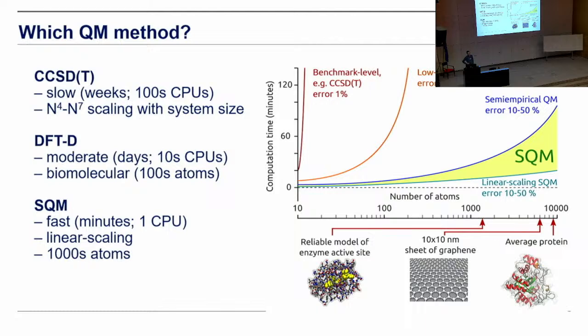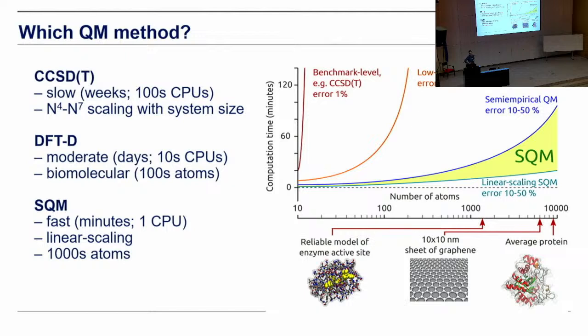Then you have DFT-D. D stands for dispersion, where it's moderate both in terms of hardware requirements and in sizes of the systems. And the last is SQM, semi-empirical quantum mechanical methods, which are very old, from the 1980s. And their only advantage is that they are fast.